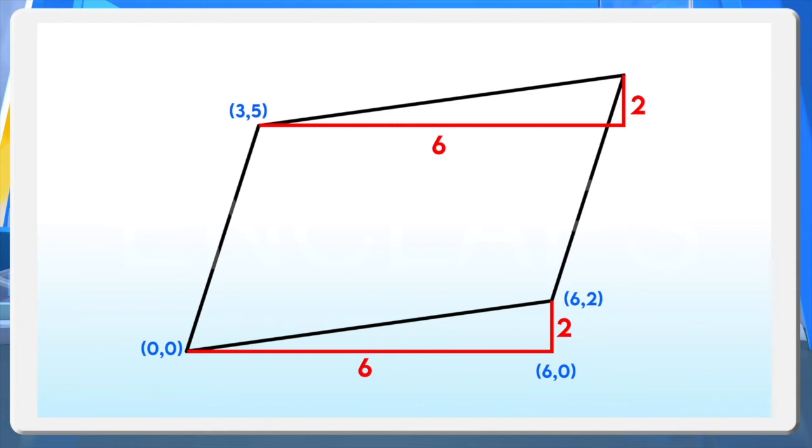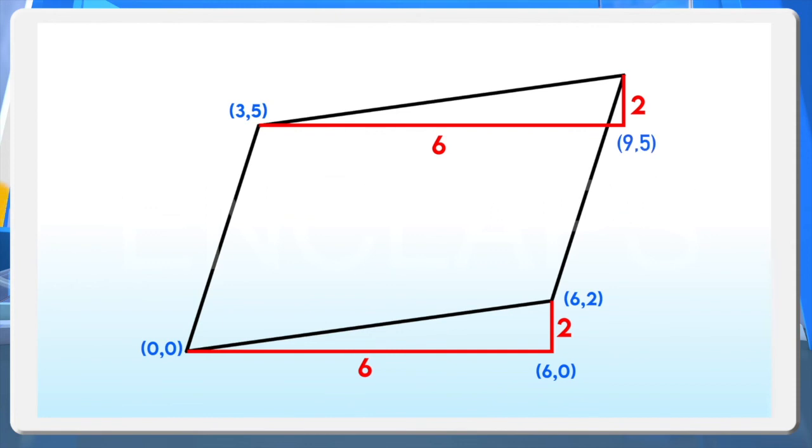Therefore, the x-coordinate is 3 plus 6 equals 9. The y-coordinate of the point at the lower right corner is equal to the y-coordinate of the upper right corner. Why? Because that side is parallel to the x-axis. That is, the y-coordinate equals 5. Then we get the coordinate of the lower right corner of the upper triangle as 9, 5.